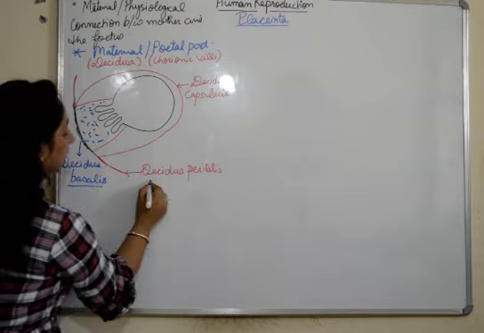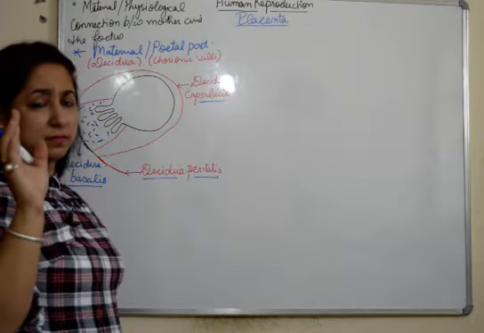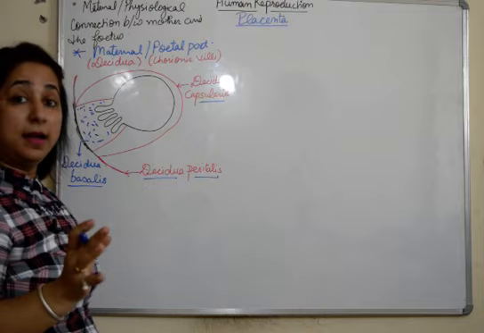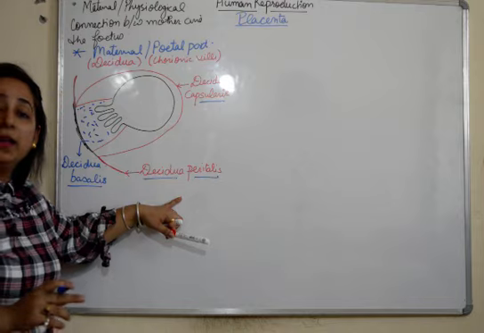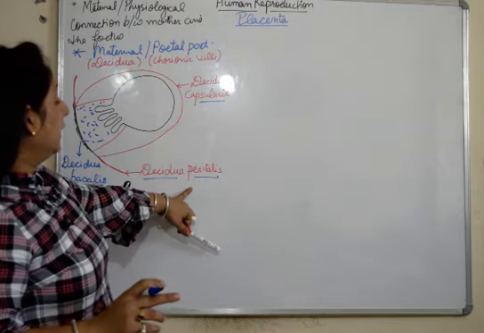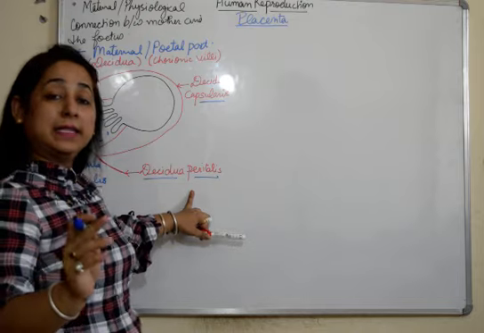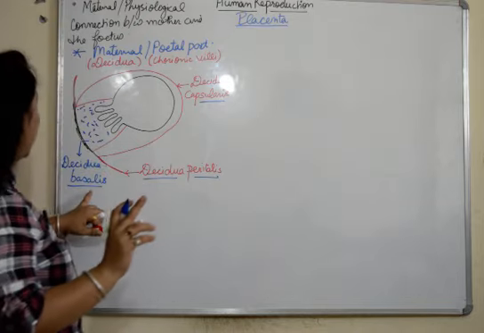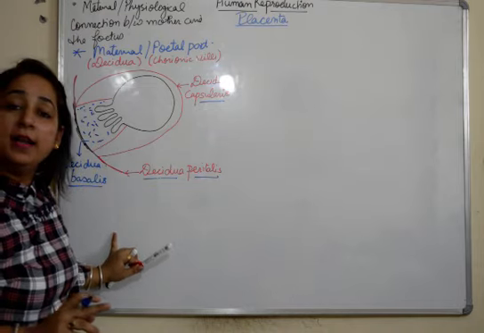So there are three parts of the maternal placenta: decidua basalis, capsularis and parietalis. These three parts form the maternal placenta. The most important part is played by decidua basalis, wherein the chorionic villi are embedded.